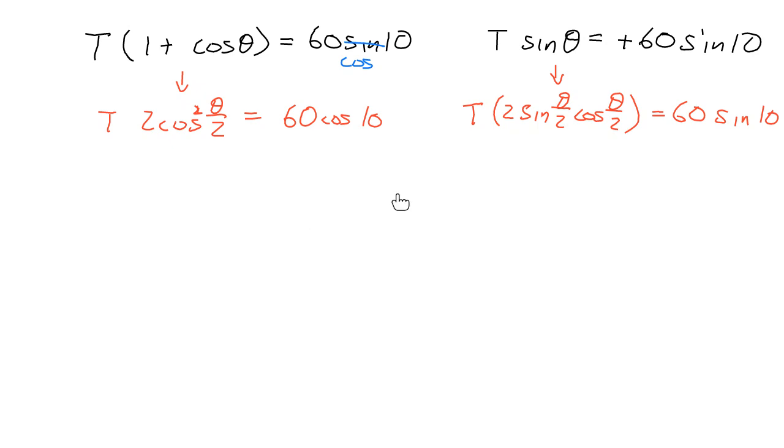Now we can divide these two, because if you look at it, we've got a sine over here and a cosine over here, and it looks like some of these sine and cosine terms would cancel out. So let's do that. Let's see, t sine. I want the sine on top.